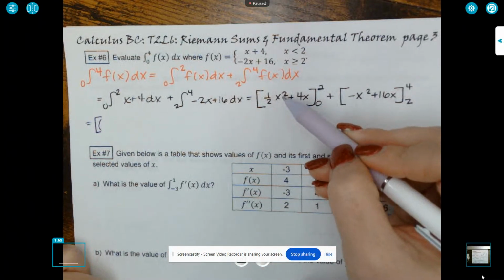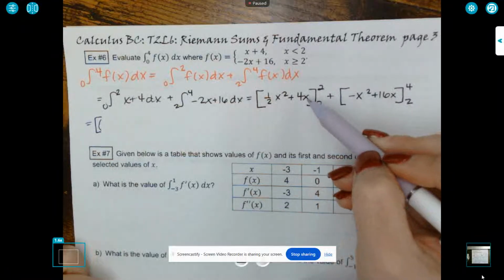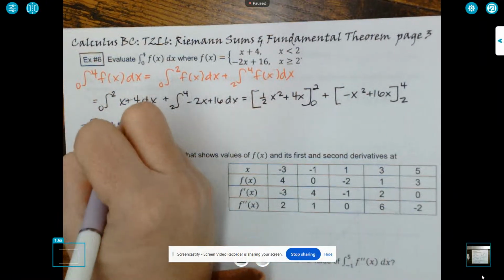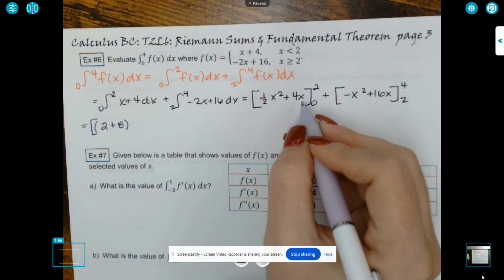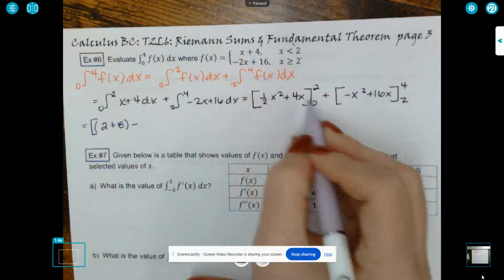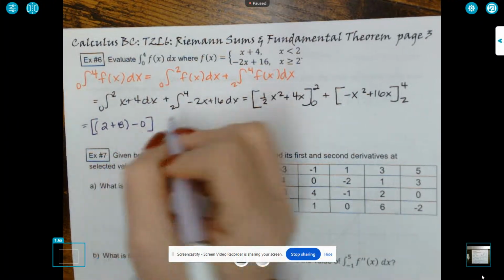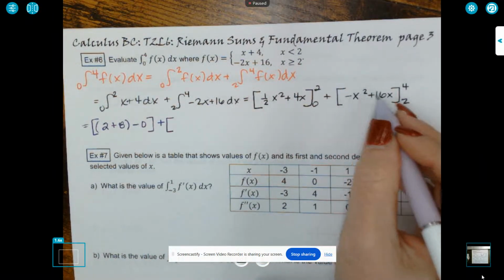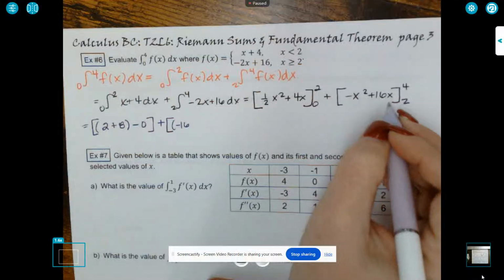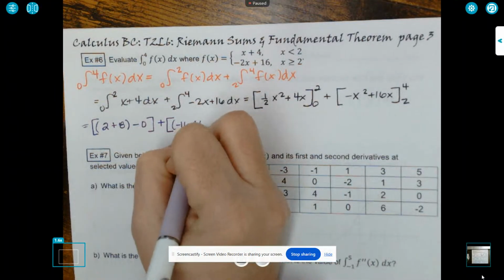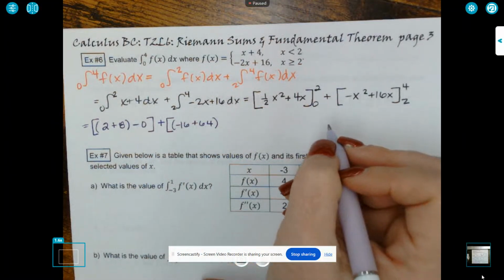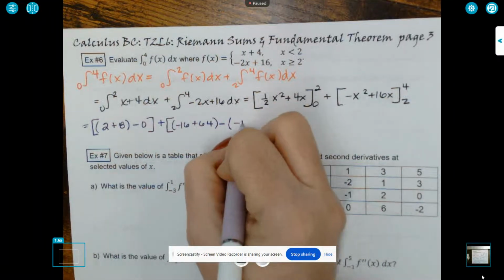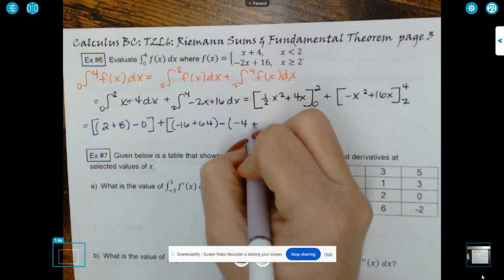All right, 2 squared is 4, half of 4 is 2, 2 times 4 is 8, so that's 2 plus 8 for that one, minus, and then if you plug in 0, you get 0, plus, all right, if I plug in 4, I get negative 16 plus 64, minus, if I plug in 2, that's going to give me negative 4 plus 32.